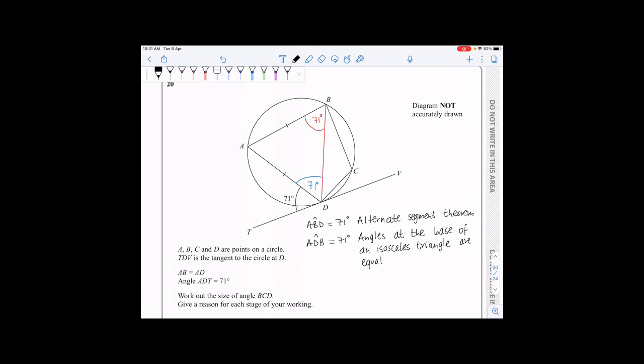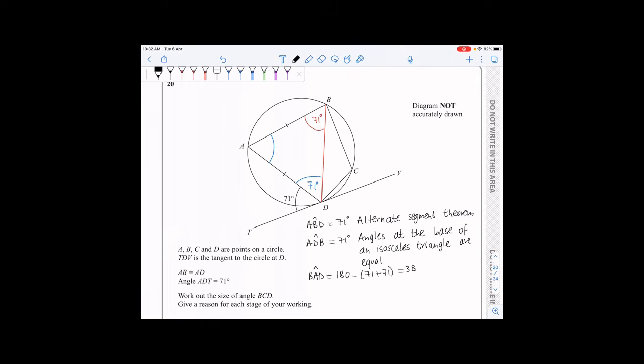And then this means that we can find angle BAD here. So BAD will simply be 180 minus 71 plus 71. Turns out to be 38.